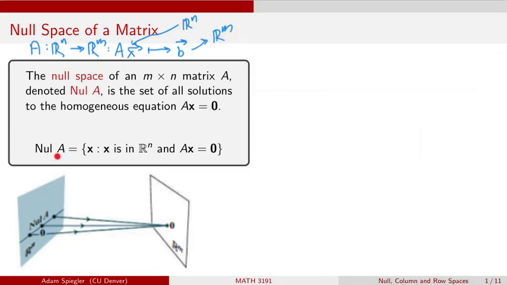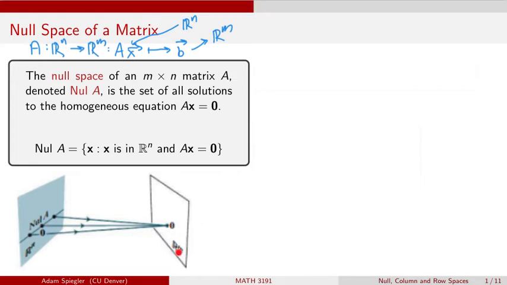So in other words, the null space of matrix A is the set of all vectors in the domain of A whose image gets mapped to the 0 vector.